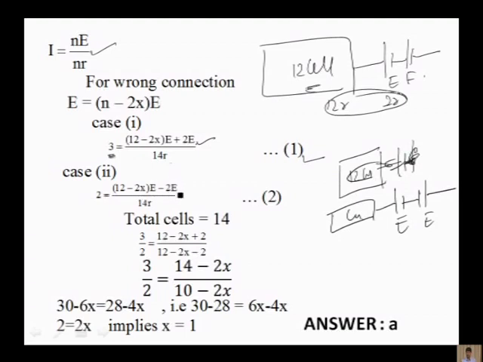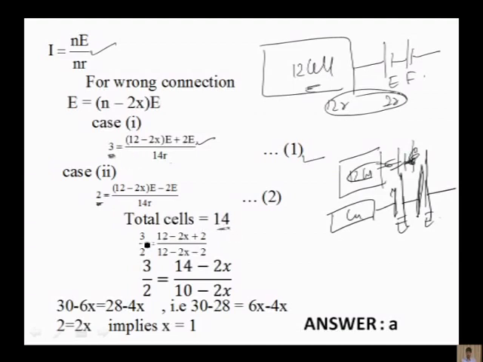Wrongly connected means same connection, negative terminal, this is negative terminal, like this, wrongly connected. Then the effective equation is this, because the current in this case is equal to 2 ampere, that is (12 minus 2x) E minus 2E divided by 12R. Total cells is equal to this much.